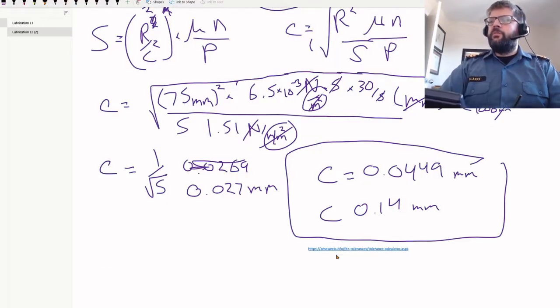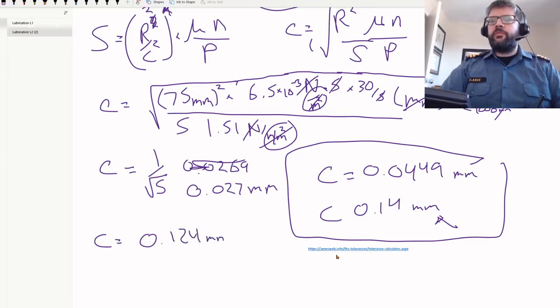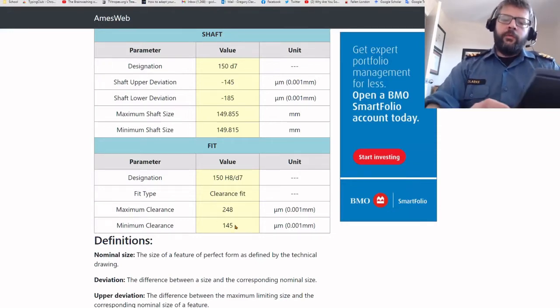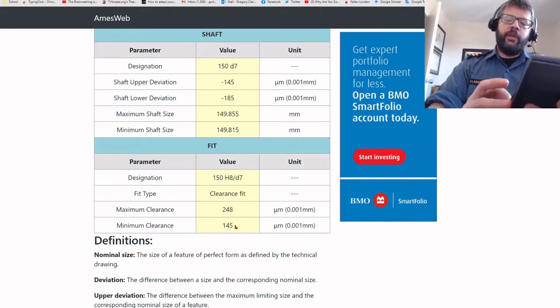So again, a bit below our maximum here. 0.124 millimeters. And then the minimum clearance would be 145 micrometers, so 0.145 millimeters.